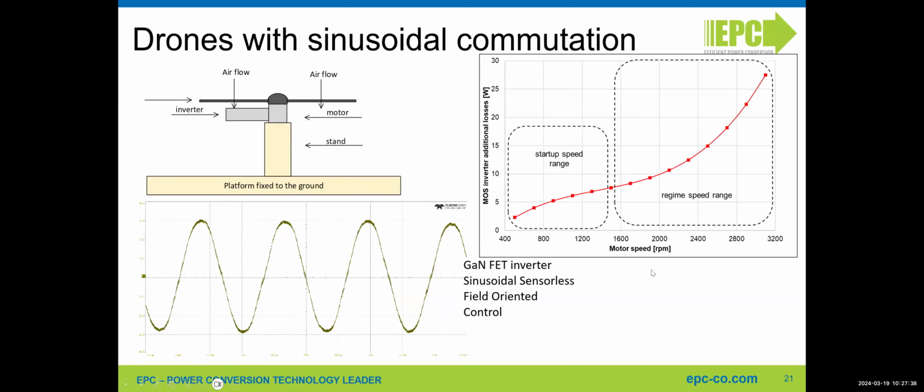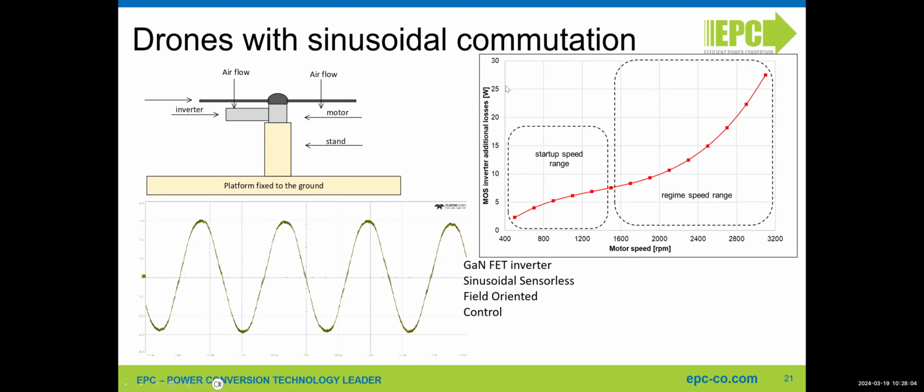And again, we made the difference. So what are the additional losses of the MOS inverter compared to the gallium nitride during the operation? Here you can see that at 3000 RPM, the difference is smaller. We're not talking anymore about 450 watts, but we're still talking about more than 25 watts.